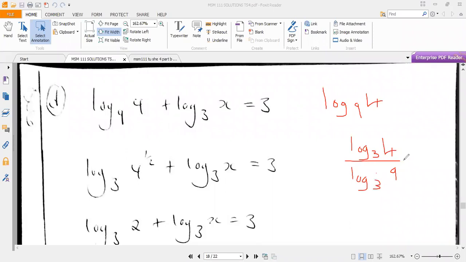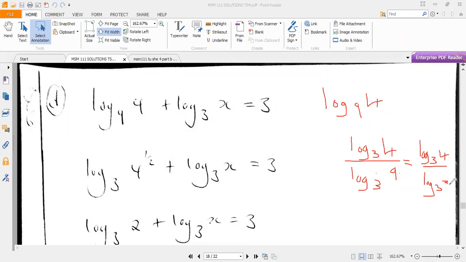So now we have noticed that this is equal to log base 3 of 4 over log base 3 of 9. We have noticed that the 9, you can write it in this form.